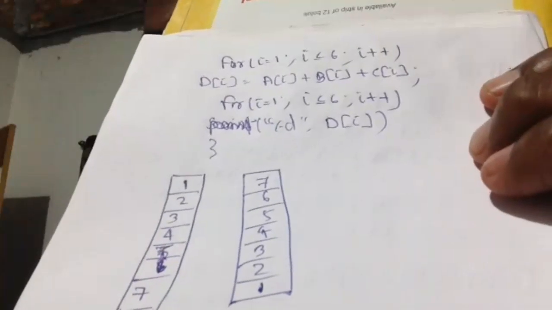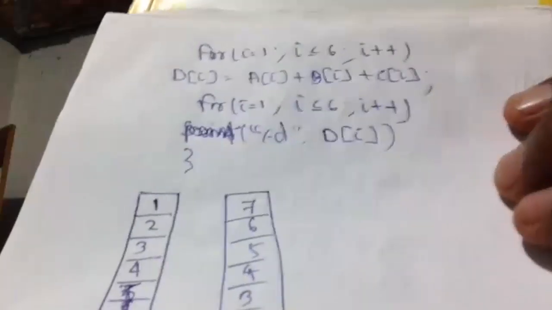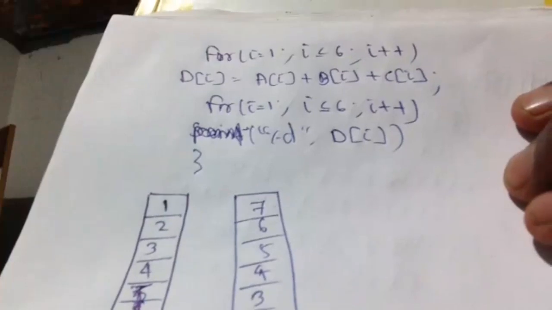Yes, sir. Sir, we will use a for loop from i equal to 6 in the opposite direction. Can anyone develop the program and show it to me?